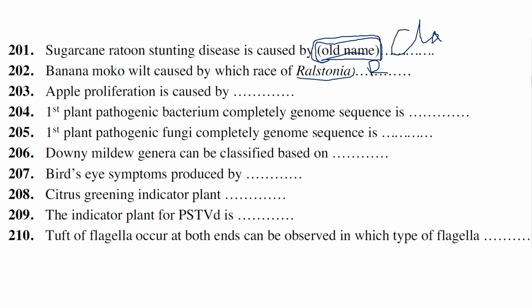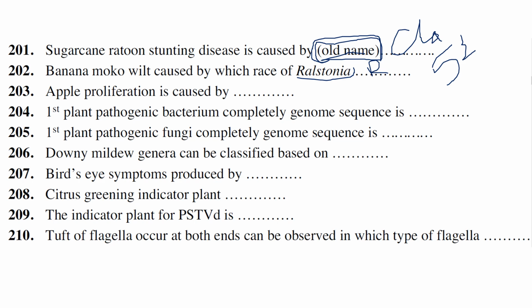So there are 5 races in Ralstonia. I repeat once again: race 1 Solanaceae, race 2 Musaceae or banana, race 3 potato only, race 4 ginger, race 5 mulberry. So those are generally the crops that they infect.